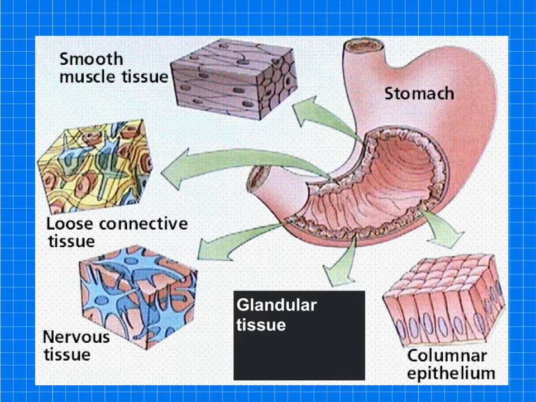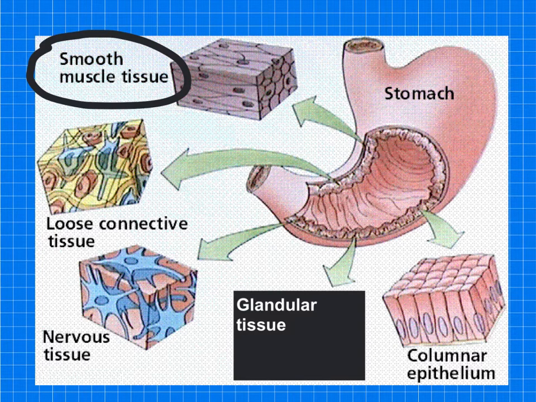Here's an example of an important organ, the stomach, involved in the digestion of food. You can see the first one is smooth muscle tissue, and that allows the food to be churned and digestive juices to mix together in the stomach. The digestive juices are being produced by glandular tissues.